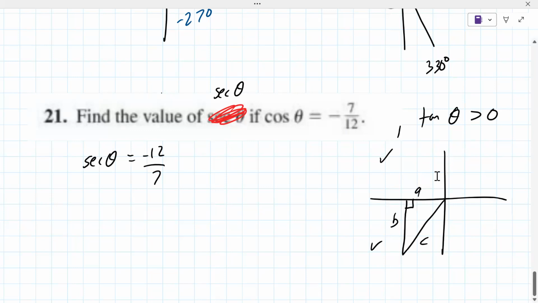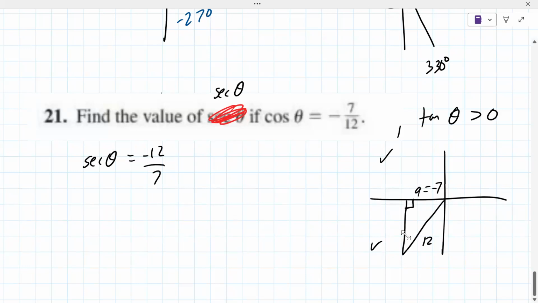A would be negative 7. Oh wait, no, 7, and then C would be 12. Okay, so that means you've got to find B. It's not great, but you can do that.